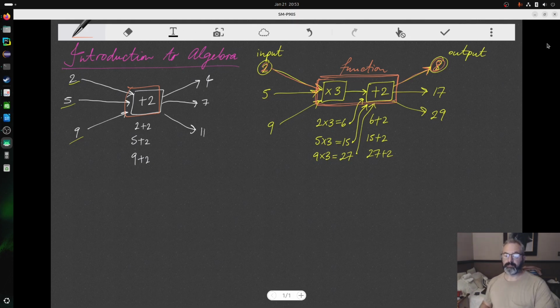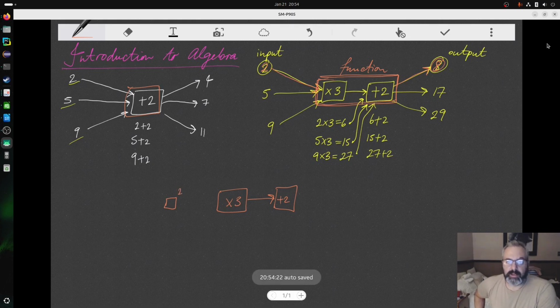All right, so let's move on. Let's try another one. Let's keep our times 3 calculation, and we'll also keep our plus 2 block, but we add an extra step. And this extra step looks like this. Whatever we feed into this first step, we take that and we raise it to the power of 2.